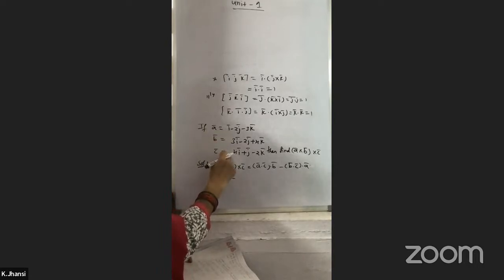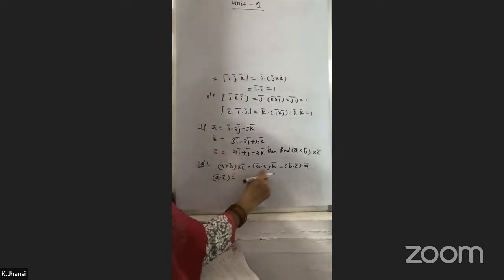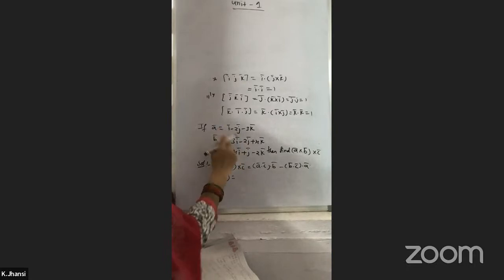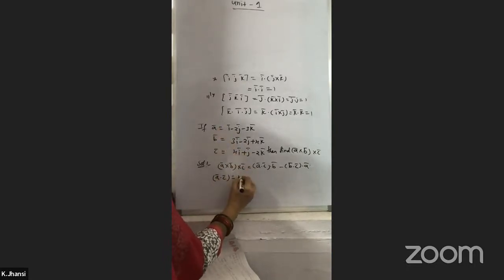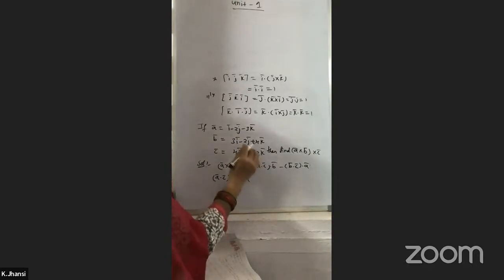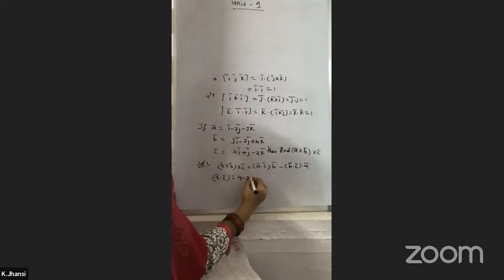If you want, you can write them and put the dot product. So 1 into 4 is 4. Next minus 2. Next minus of minus is plus 3 to the 6. So how much will we get? 8. Okay.